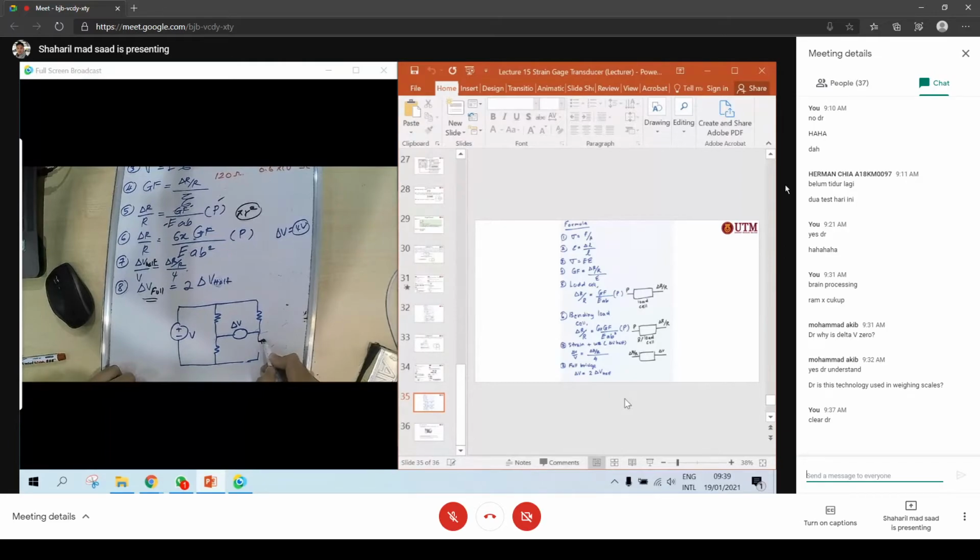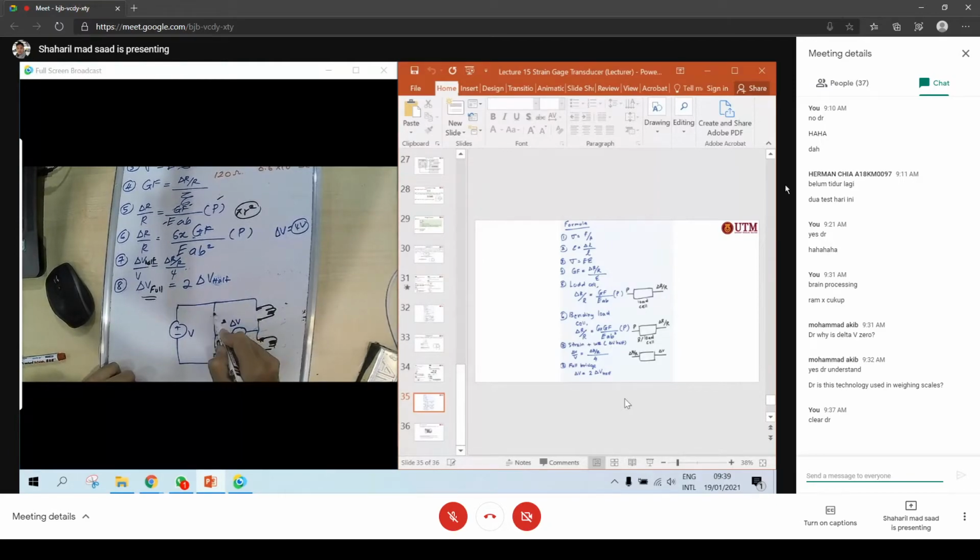For example, you apply it: this one active, this one will be dummy, and this one is active, and this one is dummy. So you have utilized all, right? So I put here R4, R2, R1, R3. So this one we will call delta V full.